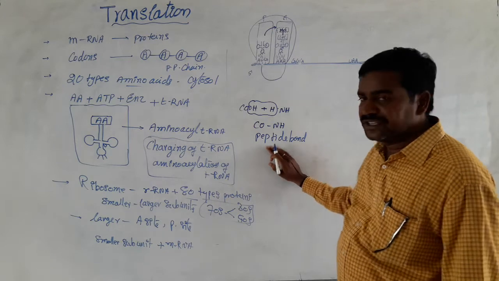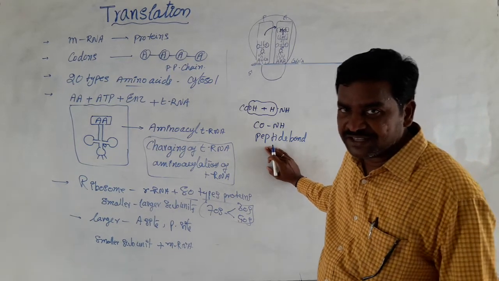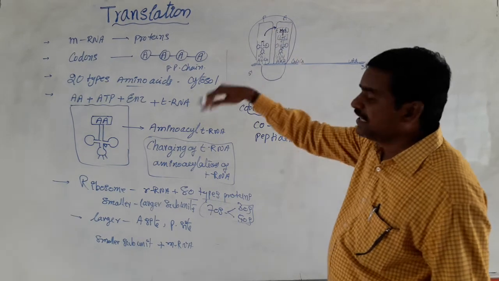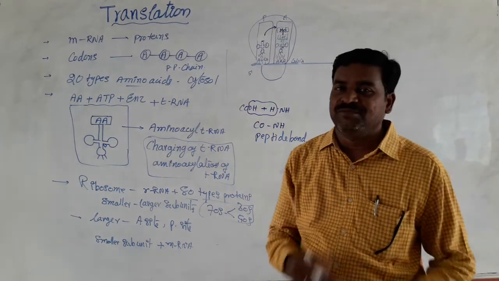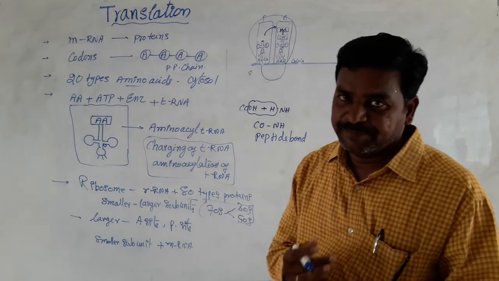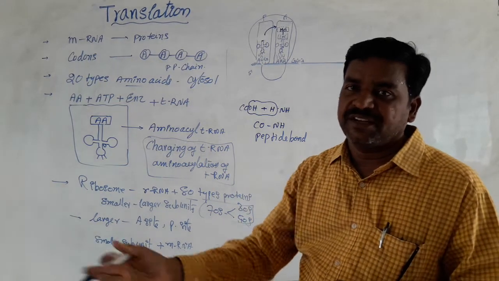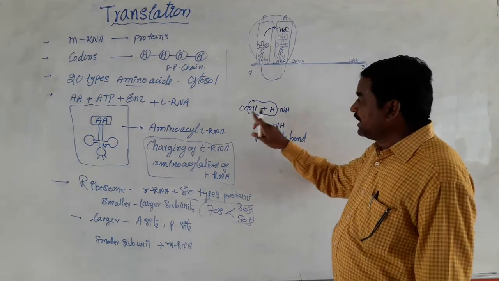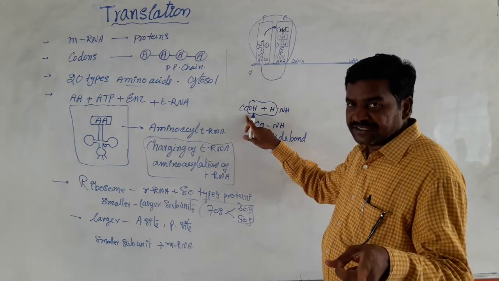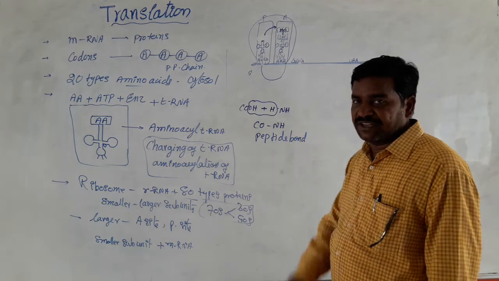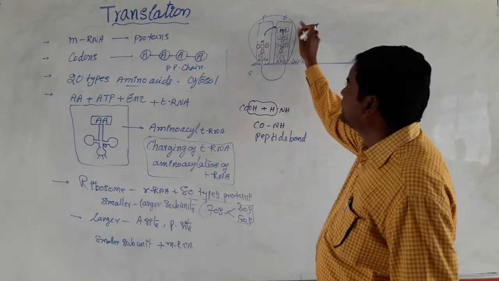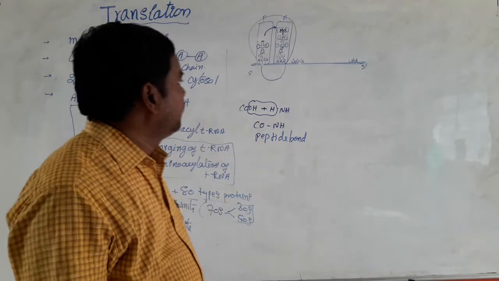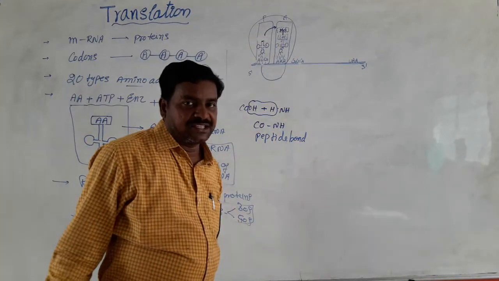This peptide bond is formed by the process of dehydration. Now this tRNA becomes empty and leaves the larger subunit of the ribosome. Its work is completed. Thus, a peptide bond is formed between the carboxyl group of the first amino acid and the amino group of the next amino acid, so that this amino acid is shifted into the A site and attached with the second amino acid.